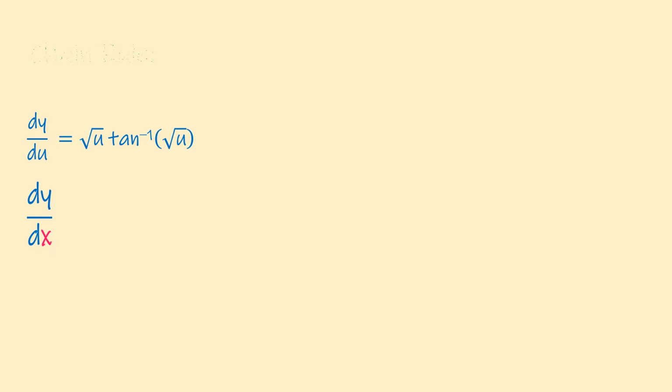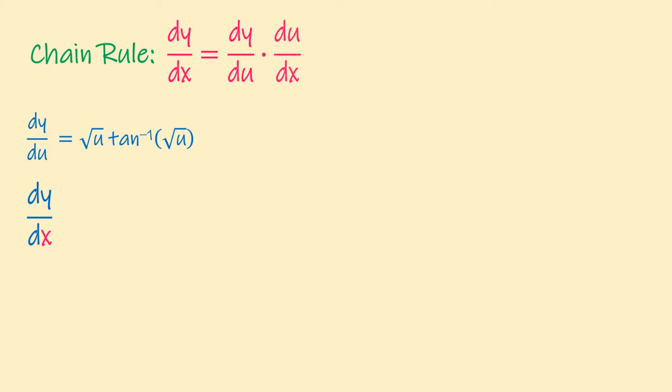Hence, we use the chain rule. It states that the derivative of y with respect to x is equal to the derivative of y with respect to u times the derivative of u with respect to x, where y is a function of u and u is a function of x.